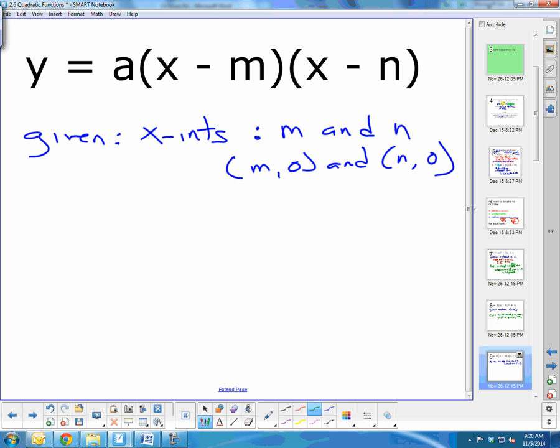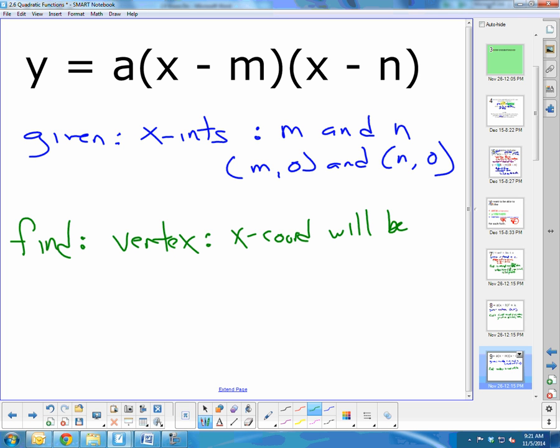But once again, we're going to have to find a couple of things. We have our x-intercepts. We're going to need to find the vertex. The vertex, because our parabola has symmetry, its x-coordinate will be halfway between the x-intercepts. And that's because we have symmetry there.